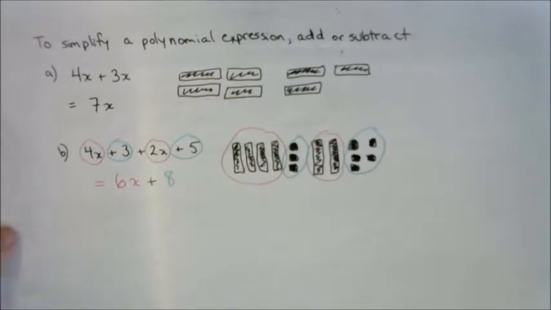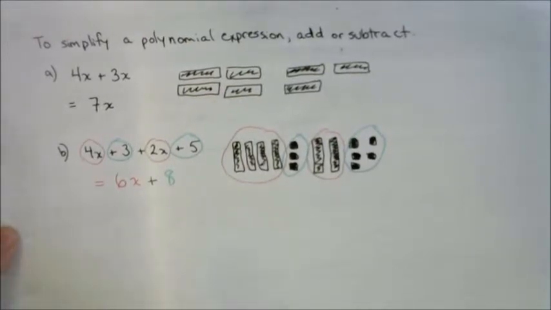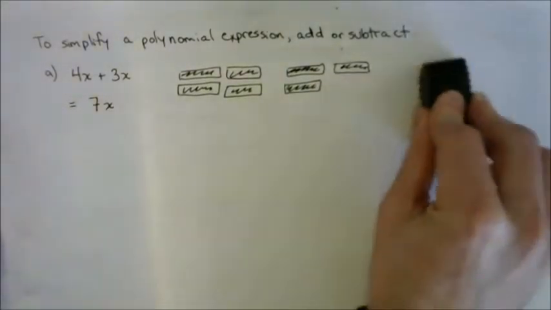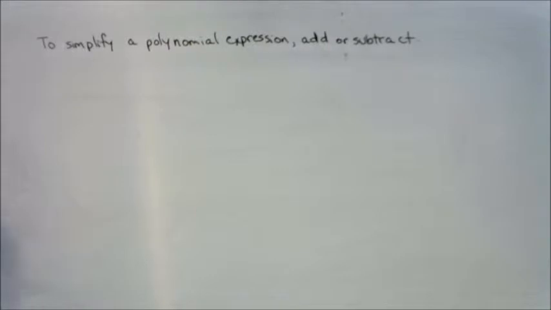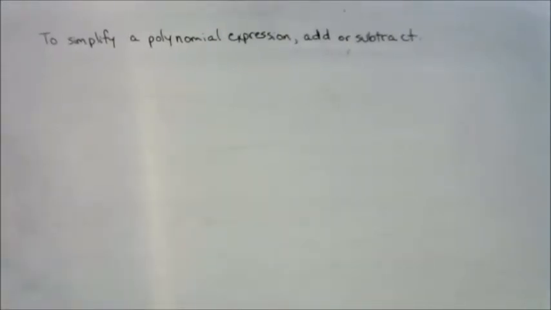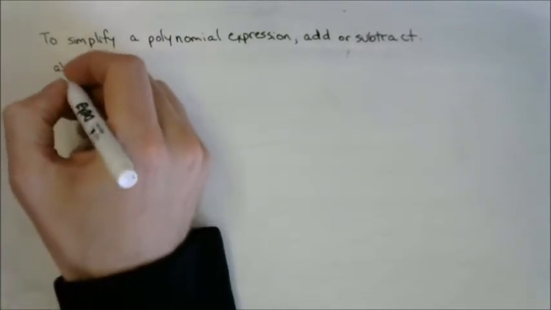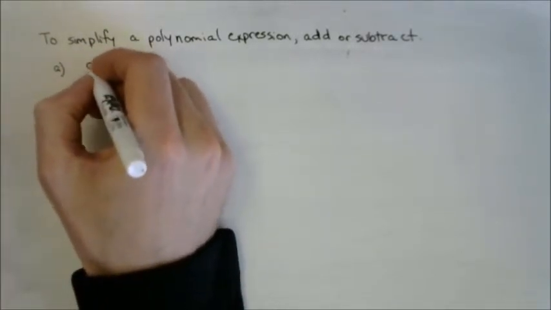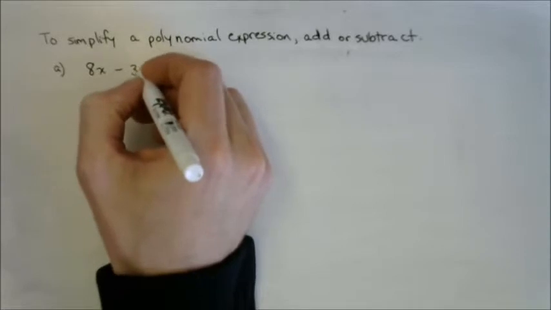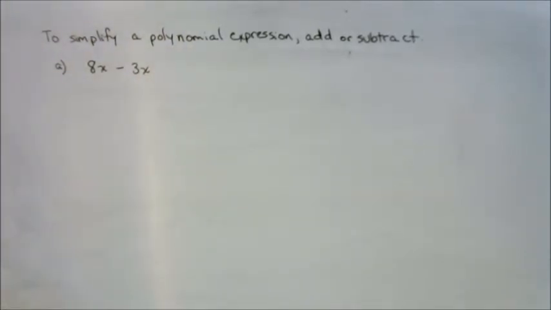Good. Moving on to example 4. Now we've added them. In example 4, we're going to be subtracting them. Wait, why can't you just add? Okay. Example 4, we're going to be subtracting like terms. I'm going to show you a couple different ways to think about it. Our first example is pretty straightforward. You have 8x minus 3x.